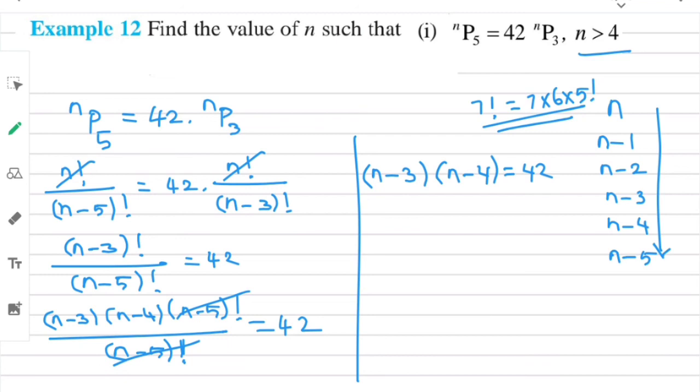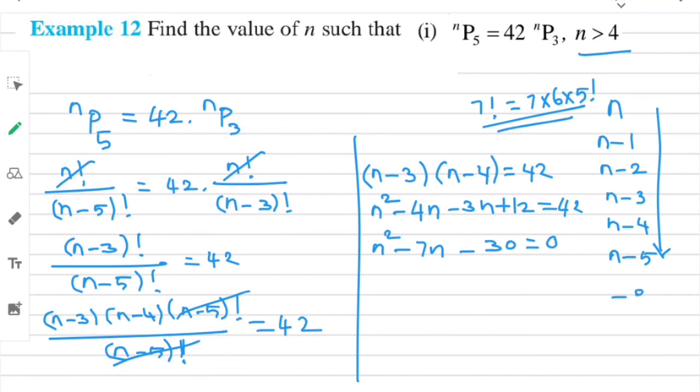Now I want to multiply these two. So what will happen? n into n is n square, minus 4n minus 3n plus 12 is equal to 42. Then bring this 42 to this side and simplify it. You will get n square minus 7n, and 42 comes to this side, so it will become minus 42. So 12 minus 42 is minus 30, is equal to 0. Now we need to find the two numbers.